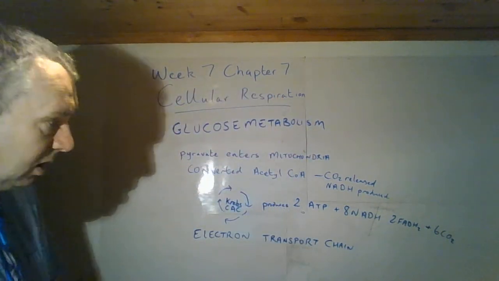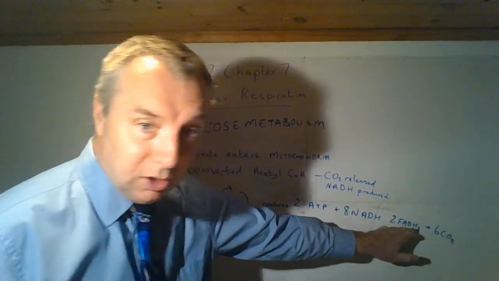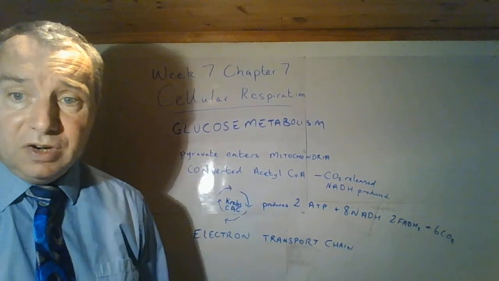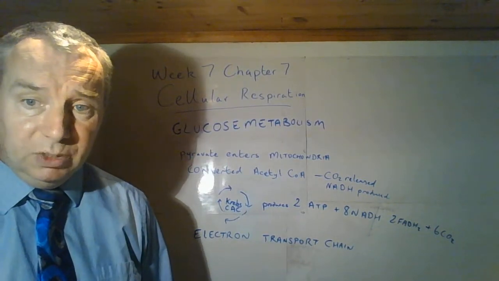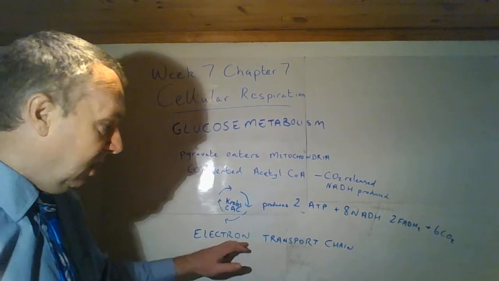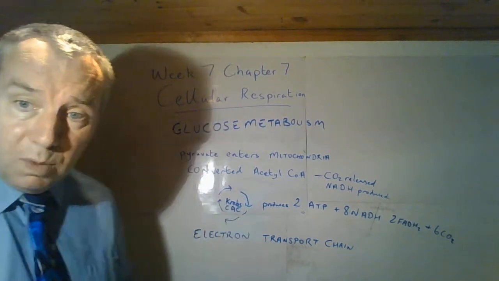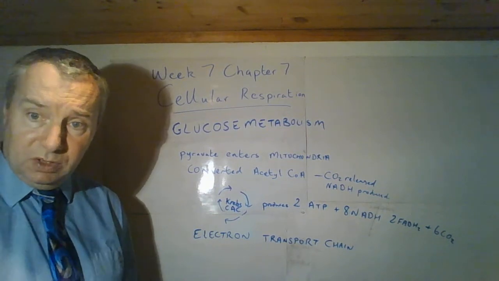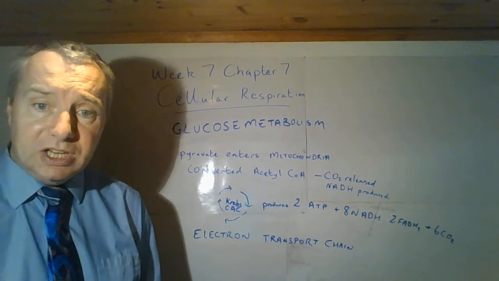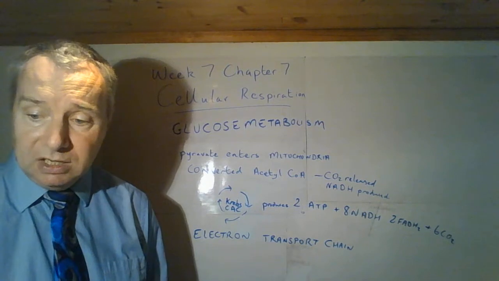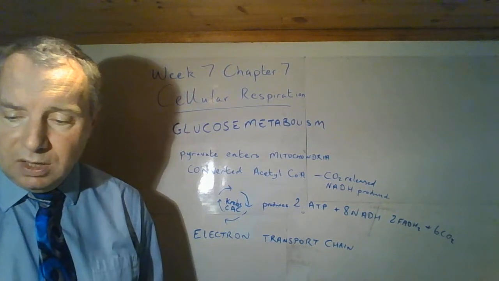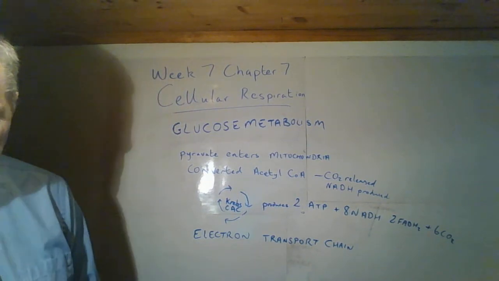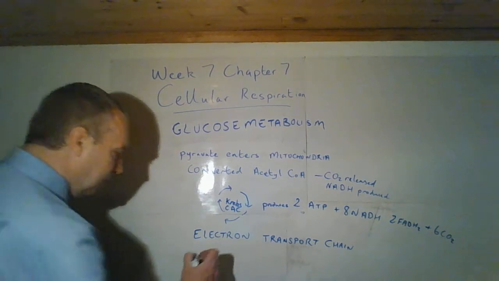So all of these molecules except the CO2 are energy transporting molecules, so they're bringing energy with them. And at the start of the electron transport chain, we're pretty high in energy, and as we go down through the electron transport chain, energy is lost and ATP is produced. So we'll see a thing called ATP synthase.